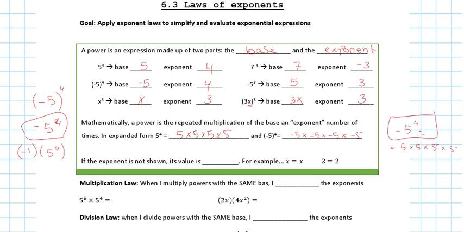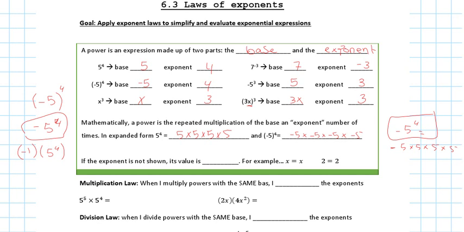It was the bracket. Yeah. So you have to be careful with your calculator. Okay? What did we get? You should get negative 625, right?